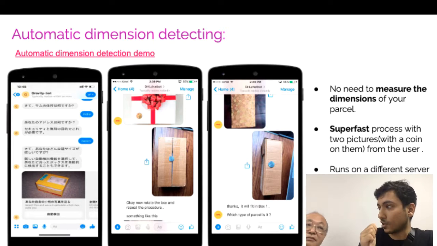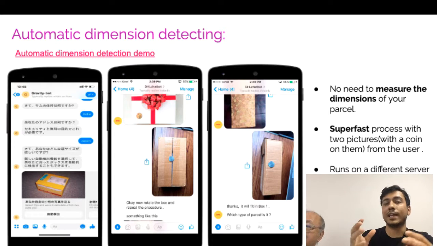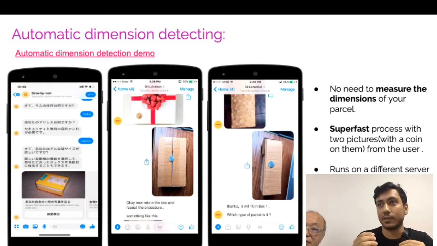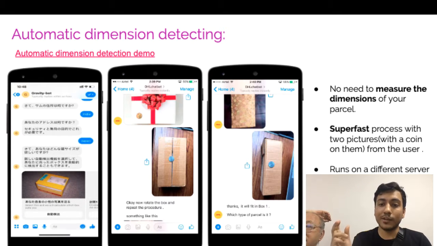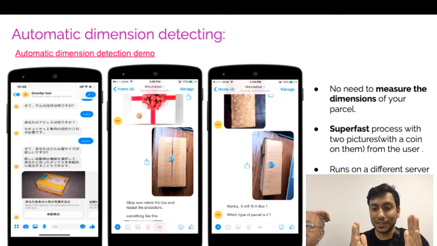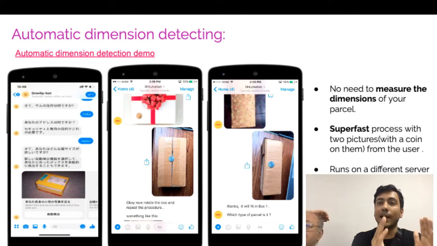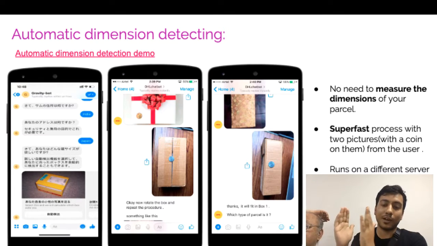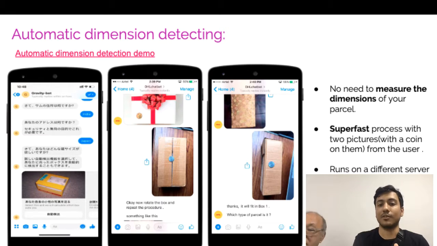After getting the coin, we know that in the photo it shows to be 700 pixels, and the real coin is 400 pixels. So now I know the ratio of the real and the photographed coin. If the box in the camera is 1000 pixels, I know the ratio of what the original box size will be. So that's how I detect the dimensions of the box.